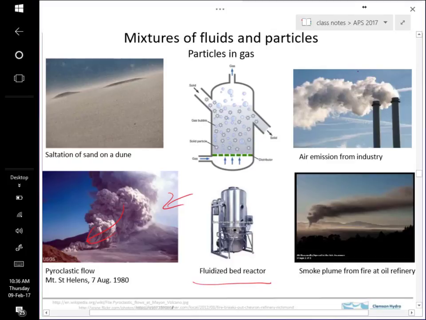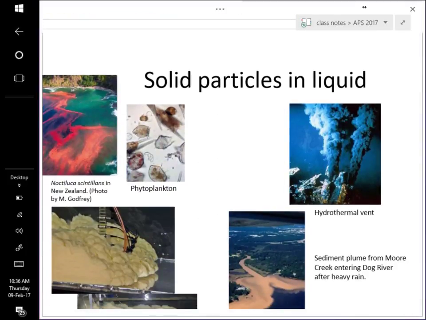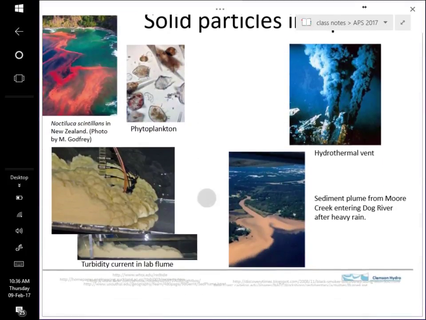And then here are some examples of plumes that are formed by liquid droplets or solid particles in air that moves along. And so that would be another example that we might be interested in. I guess we've got a couple other examples.